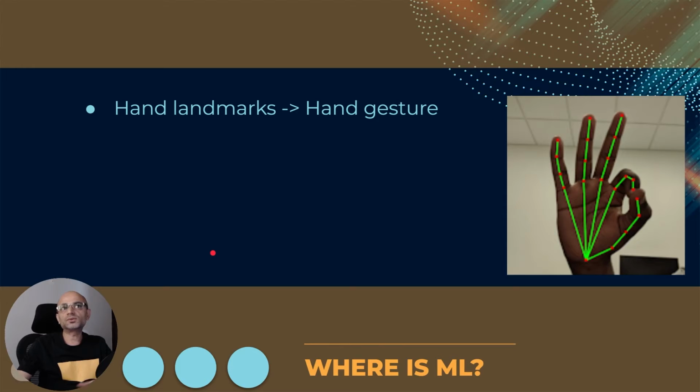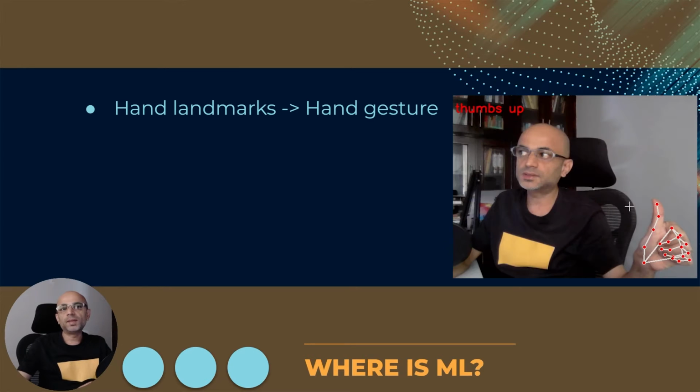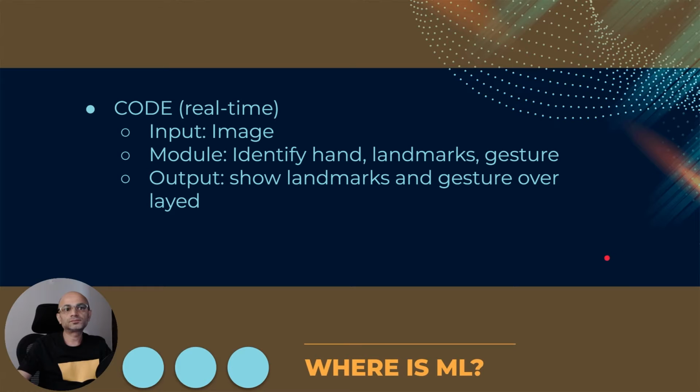So there also we are using ML to find out the gesture and map it. So in real time when we are running the demo, our code is getting an image as an input and a module is trying to identify a hand and the landmarks in the hand and converting that into a gesture.